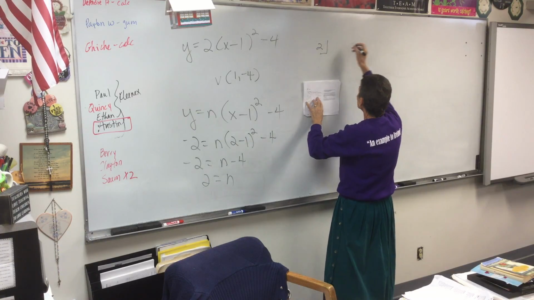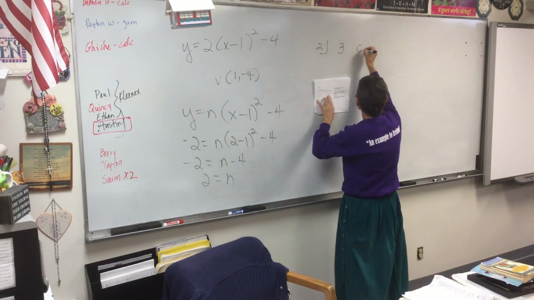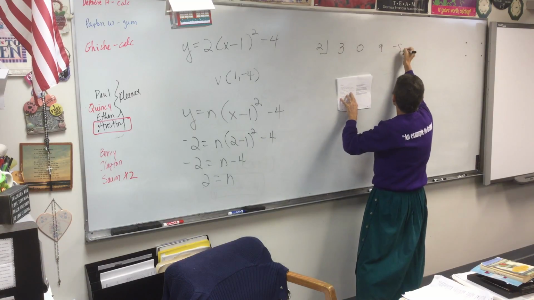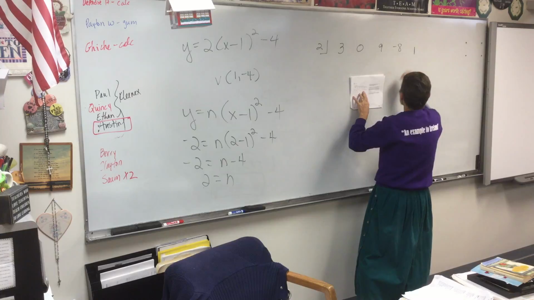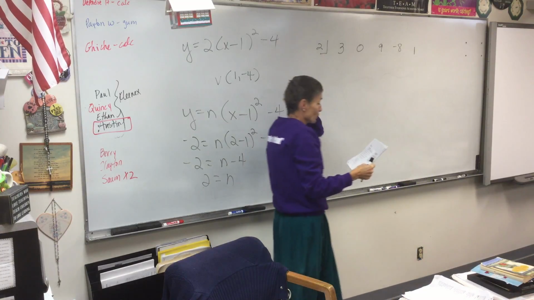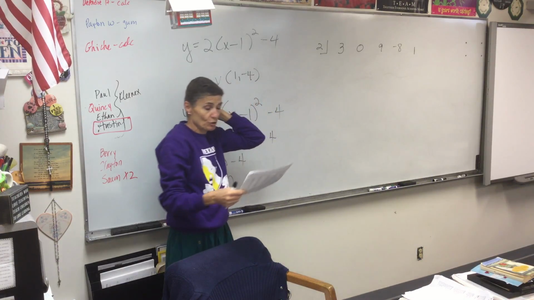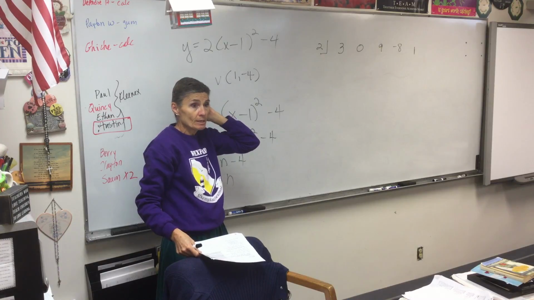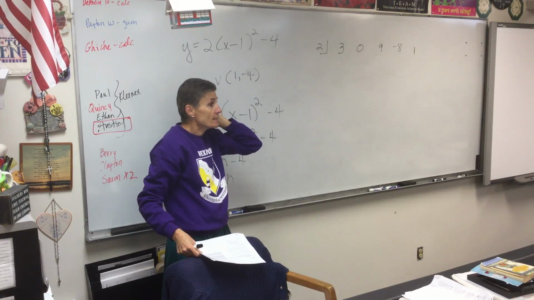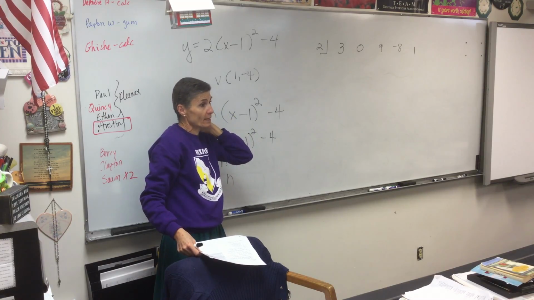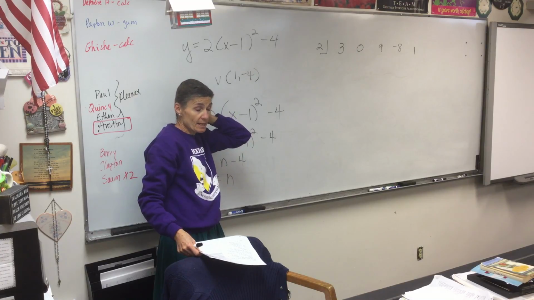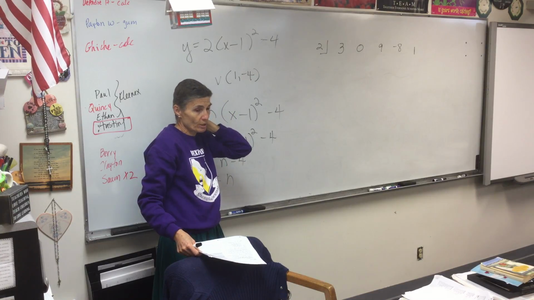Oh, be careful. You see what I'm getting ready to warn you about? You need to put in a 0. You're missing an x cubed term. Do you see that? Yep. If you don't put in a 0, you will not get the right answer. Pay attention. You know I'm going to try to trick you.